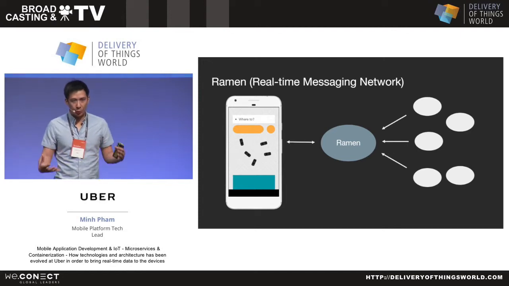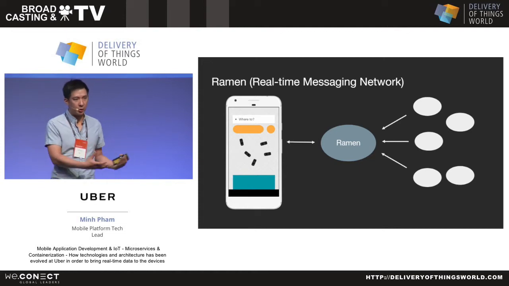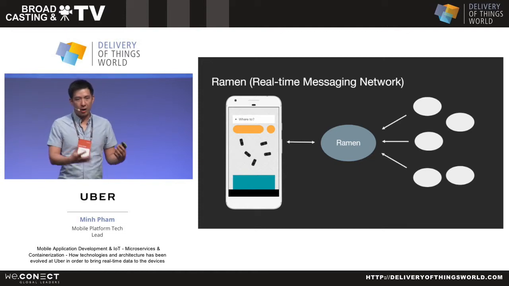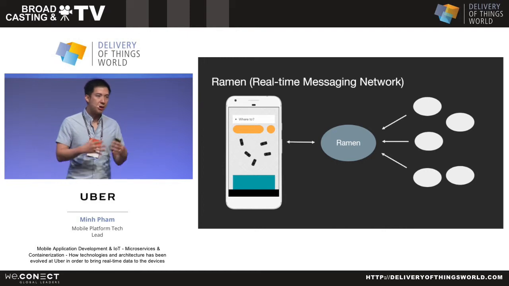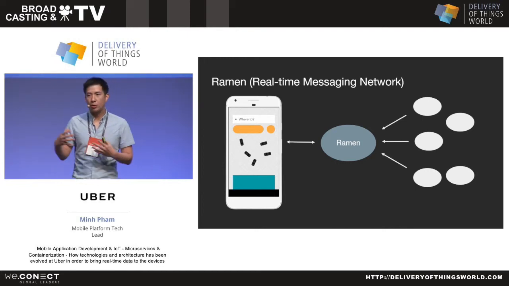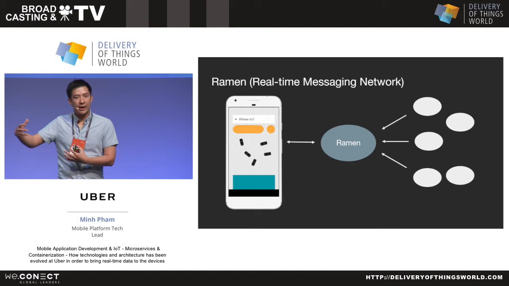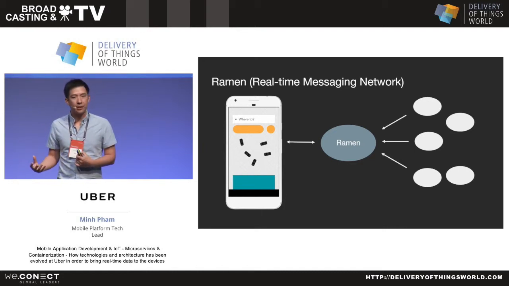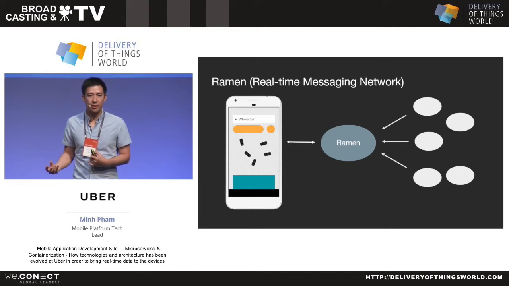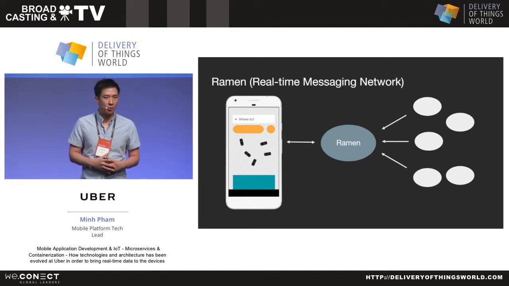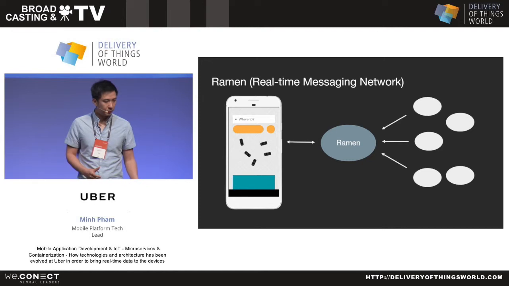By doing it this way, we really abstracted out all the complicated logic of doing a transportation protocol in Ramen. It has to worry about connection management, persistence, and retry. But all the thousands of other services don't have to worry about that. They can just focus on the business logic and think about what data they can send through Ramen itself.